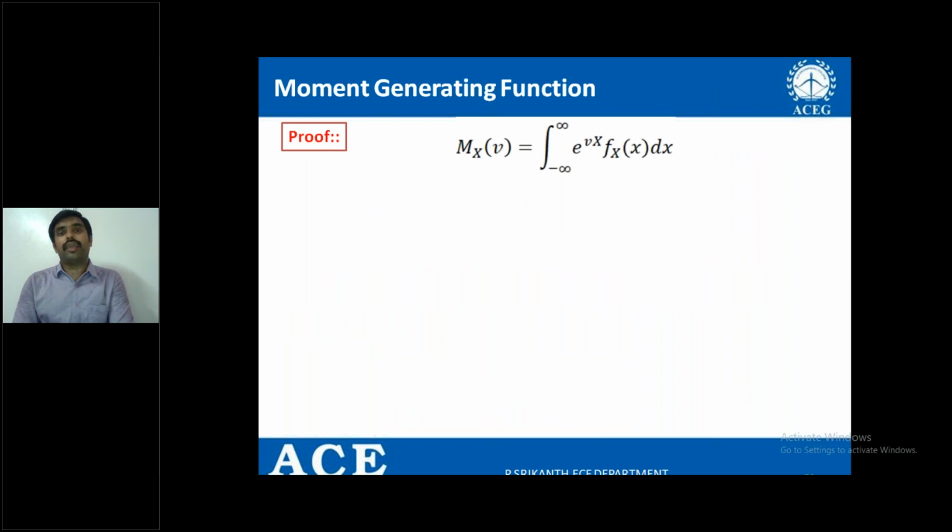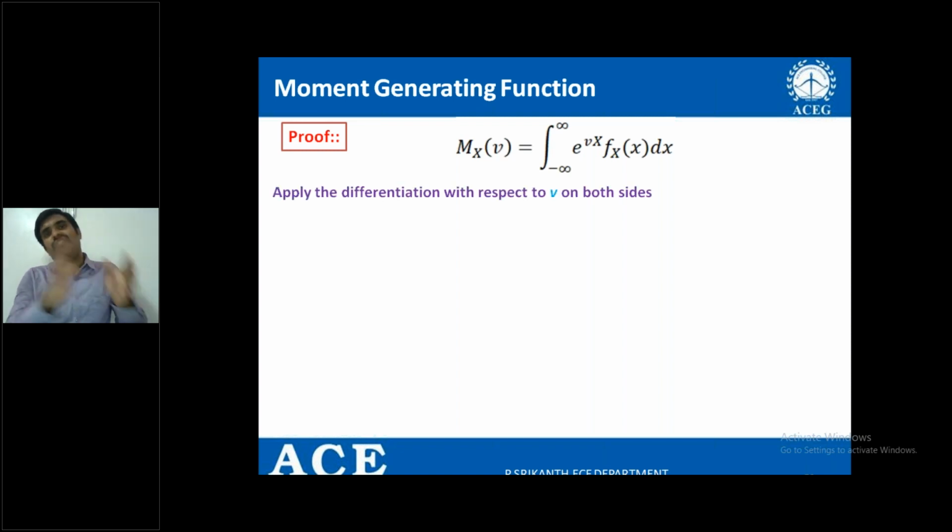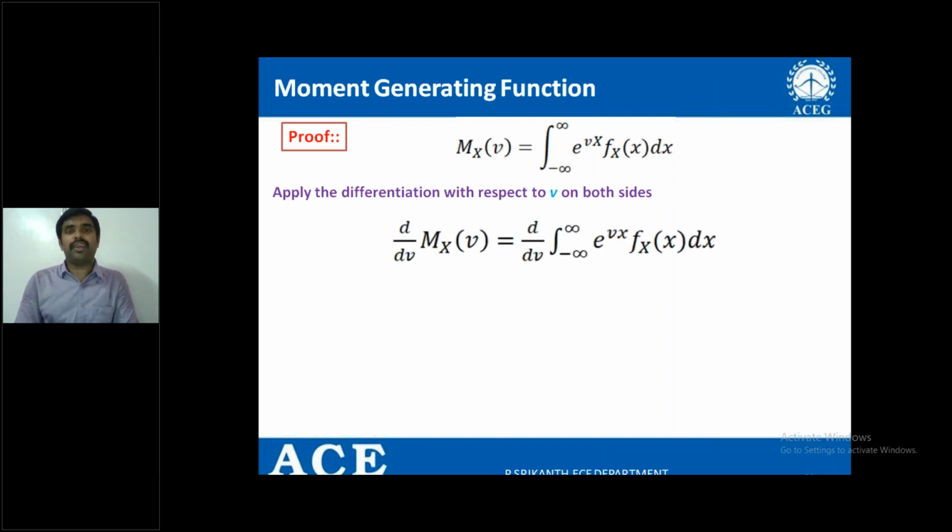Proof. mx of v is given as the integral from minus infinity to plus infinity of e power vx into fx of x dx, right? Now we'll apply the differentiation with respect to v on both sides. The left hand side will be d by dv of mx of v. The right hand side will be d by dv of the integral from minus infinity to plus infinity of e power vx into fx of x dx.